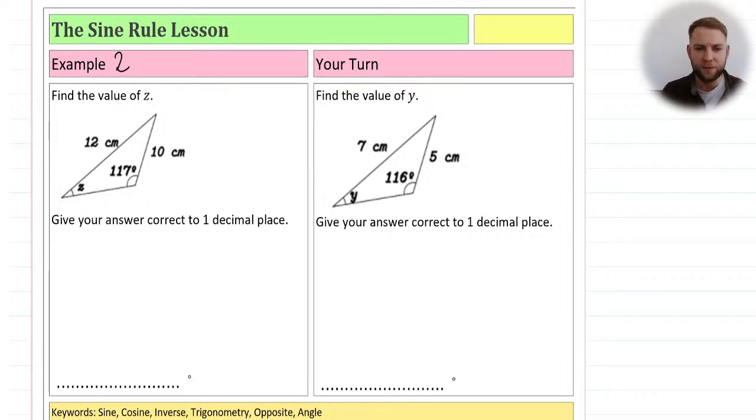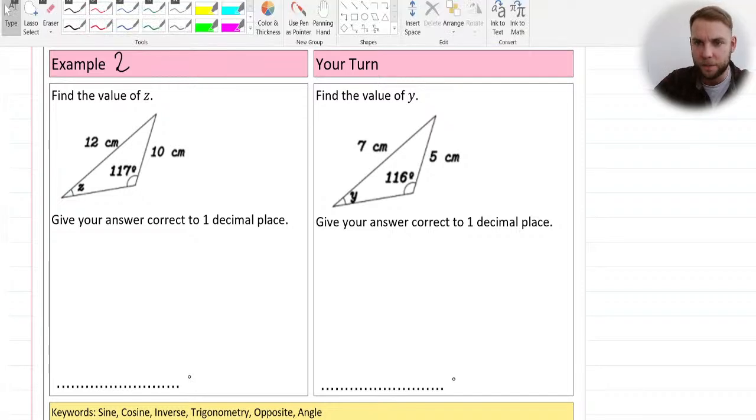Well, notice with this one, the difference is that we're not trying to find the side, we're trying to find the angle.